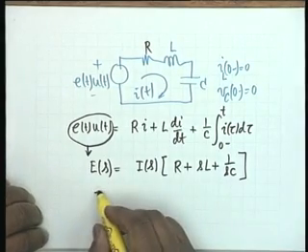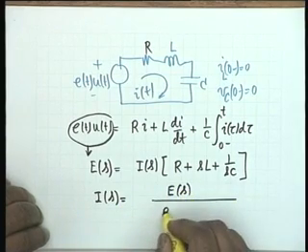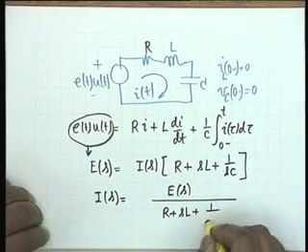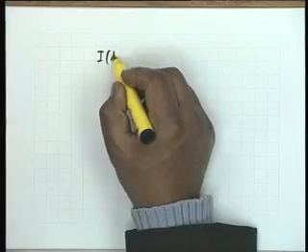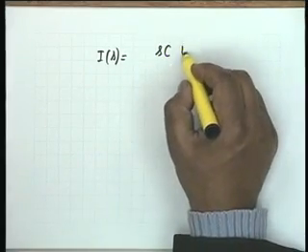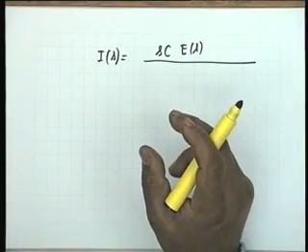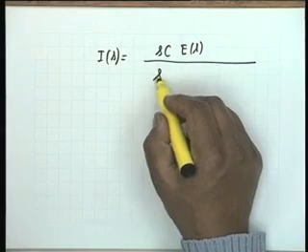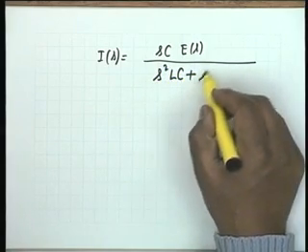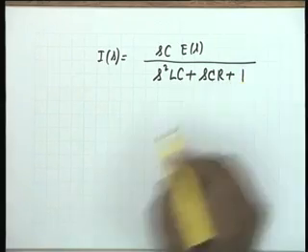Now therefore capital I of S equals E of S divided by R plus SL plus 1 over SC, and I can write this, let me write it again, I of S equal to, I can simplify this as SC E of S divided by, the denominator I want to write in the form of a polynomial, S squared LC plus SCR plus 1.